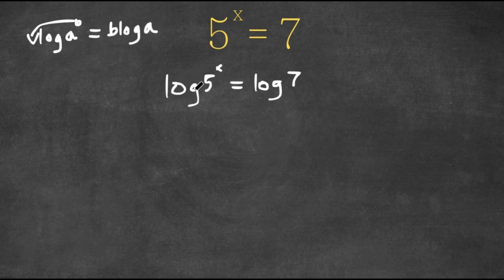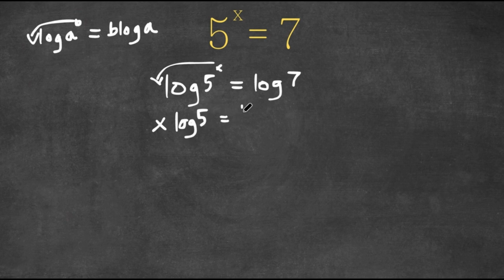So right here we have log 5 to the power of x, and we can actually move our x into the front of the logarithm. So now this would be equal to x times log 5.